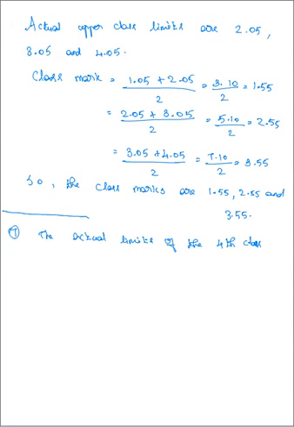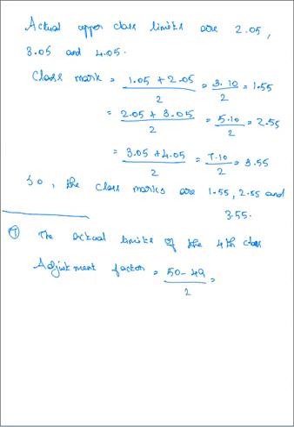So we need to find out the adjustment factor. Adjustment factor is 50 minus 49, because 49 is the upper limit of the fourth class.